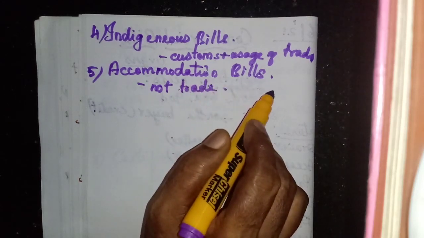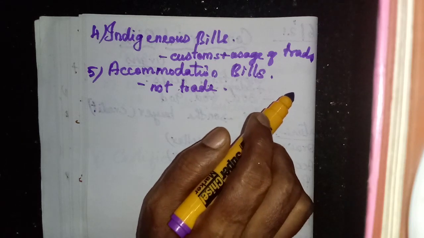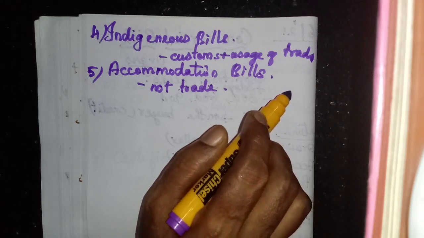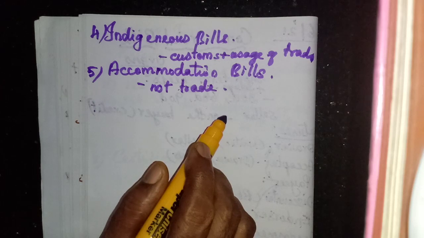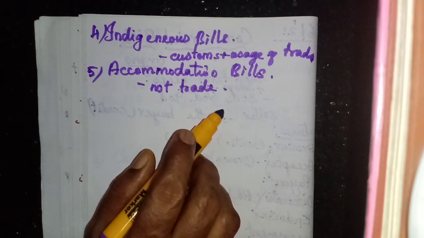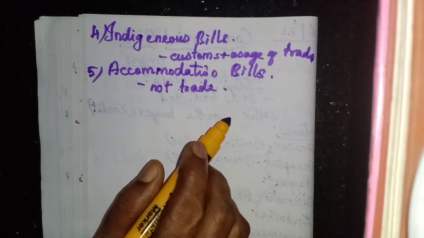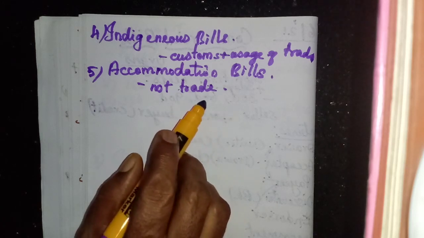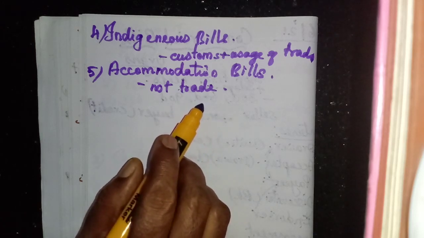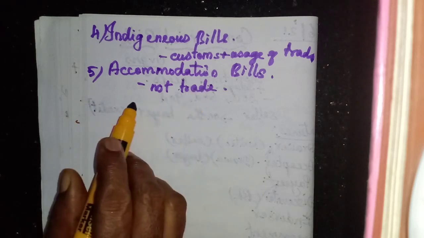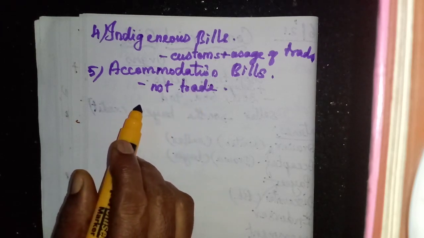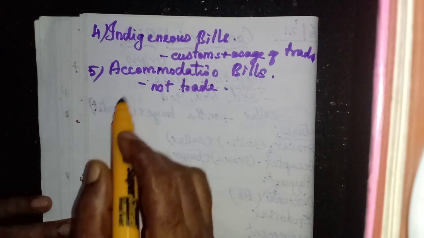For some other activities these bills can be written. They are called accommodation bills. These are the 5 kinds of commercial bills we have studied. Now we will learn about government securities.